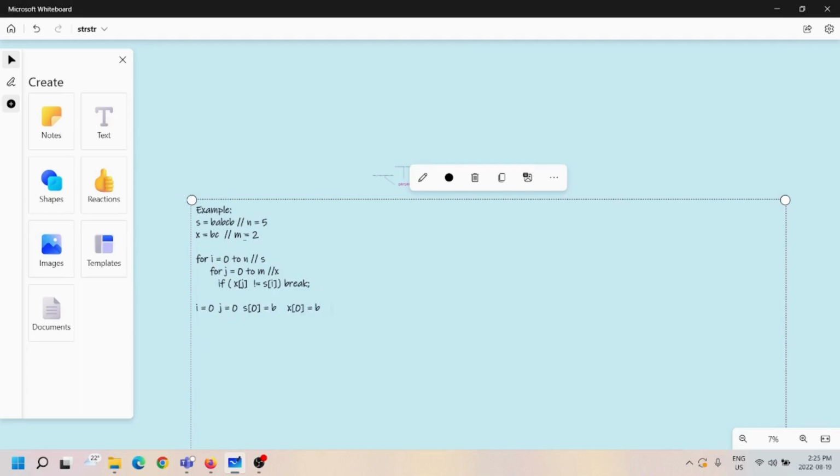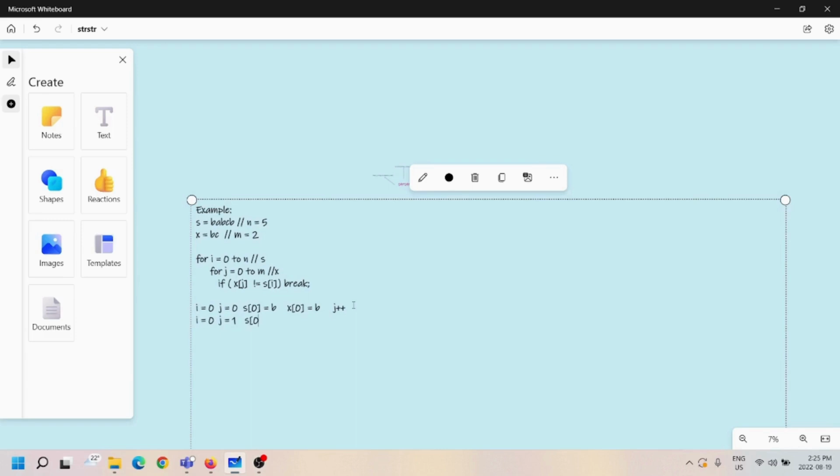So we found our first match. Great. So when the match is there, then we are not breaking from here. We are incrementing the j. So j is incremented. Now in the second iteration, i is still 0, and j is incremented to 1.